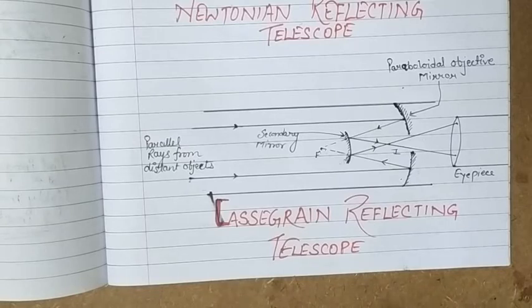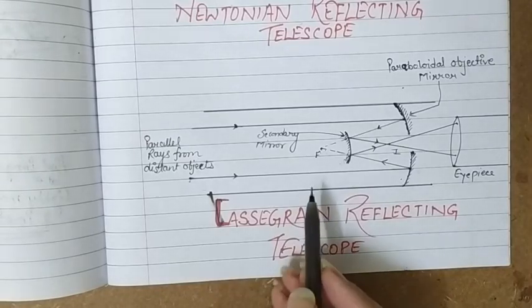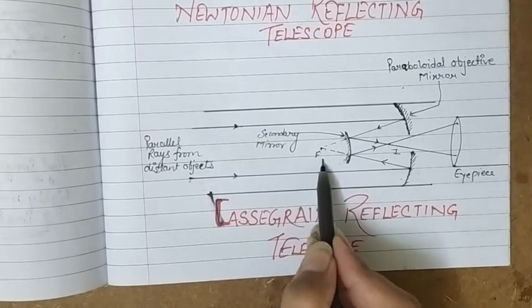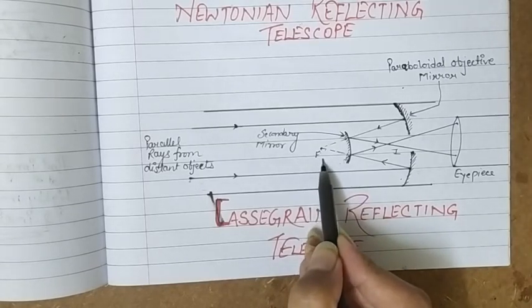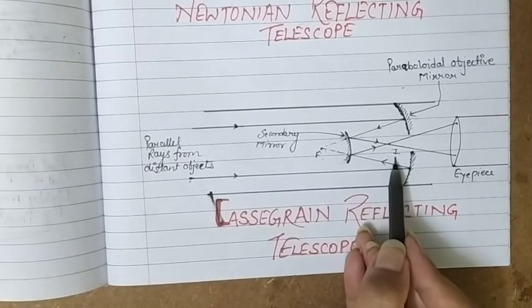This eyepiece is used to view the image formed at the point of meeting of these rays, that is capital I. The first image is formed at F, which is inverted with respect to the distant object. The second image, formed at I, is erect with respect to the first image.